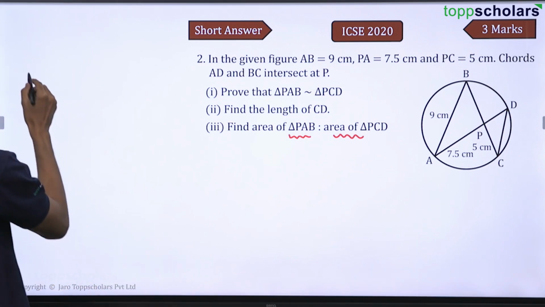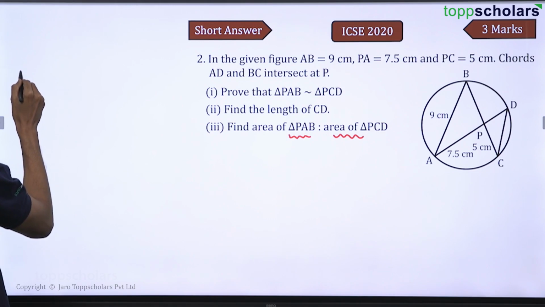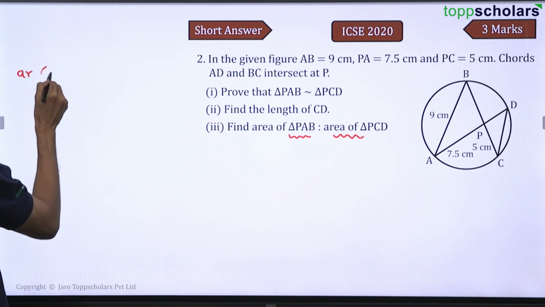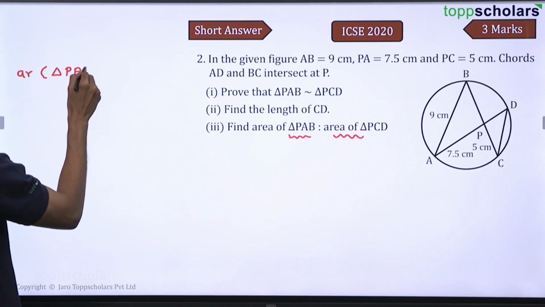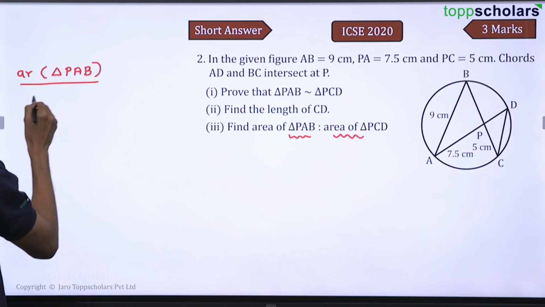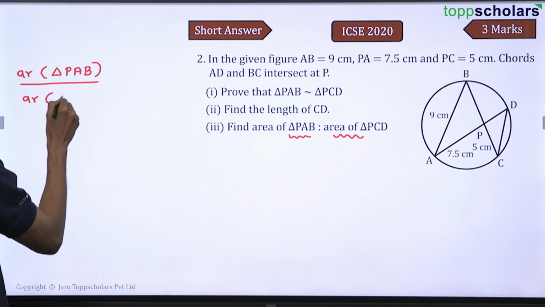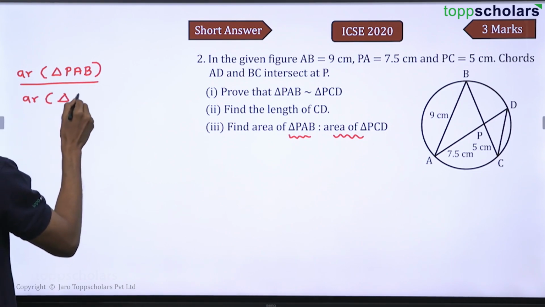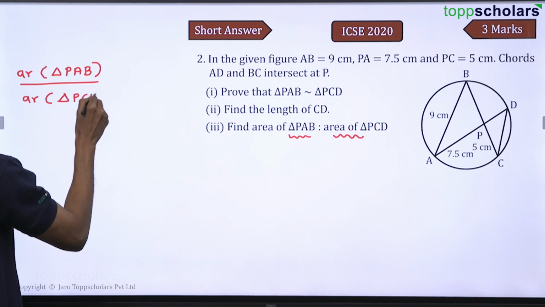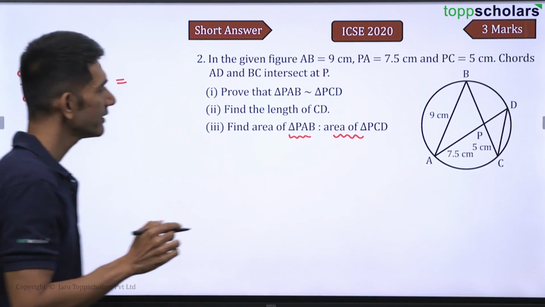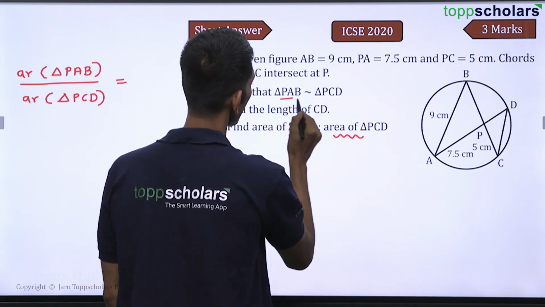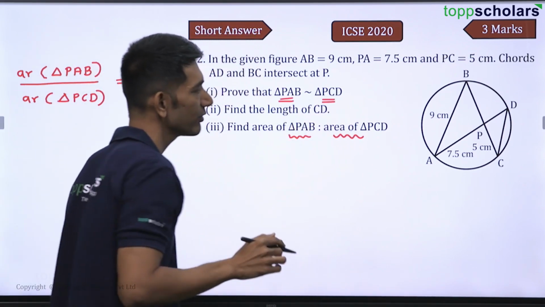Now tell me one thing, if I take the area of triangle PAB by area of triangle PCD, can I say the ratio of areas of two similar triangles is equal to the ratio of the squares of their corresponding sides, that is PA square by PC square?